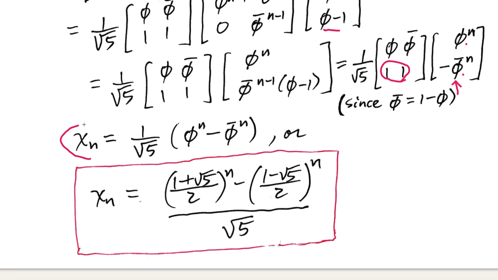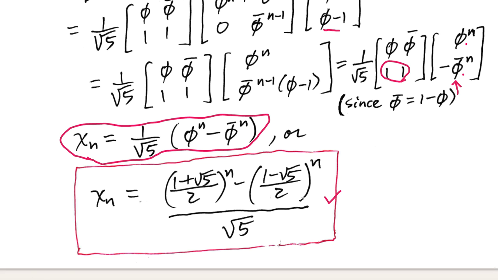So the nth term of the Fibonacci sequence is 1 over the square root of 5 times phi to the n minus phi bar to the n. Or if you want to be really explicit about it and write what phi and phi bar are equal to, then you end up with this.